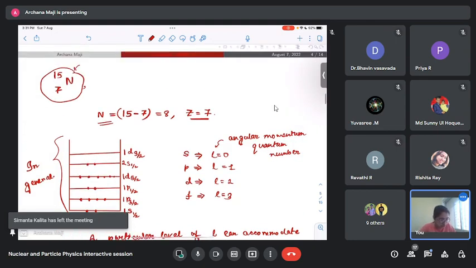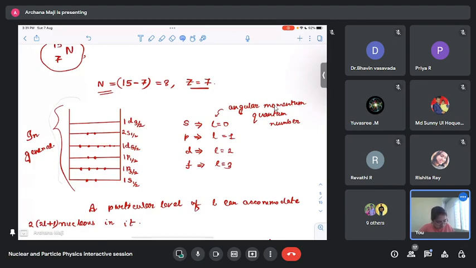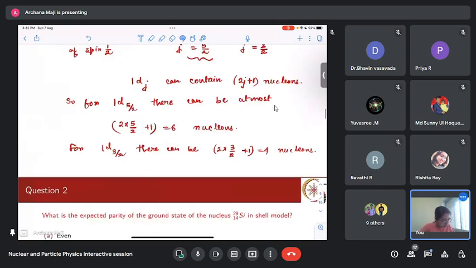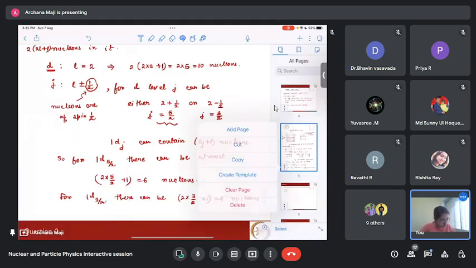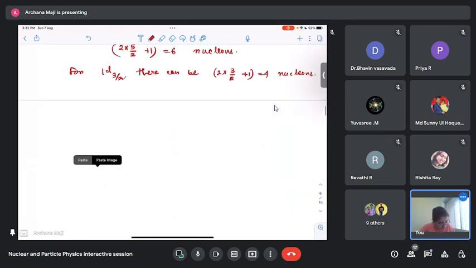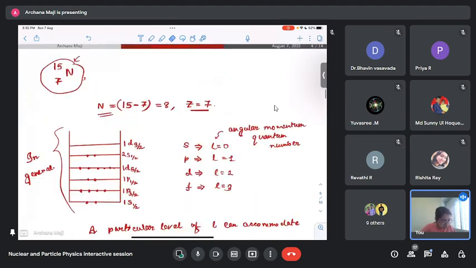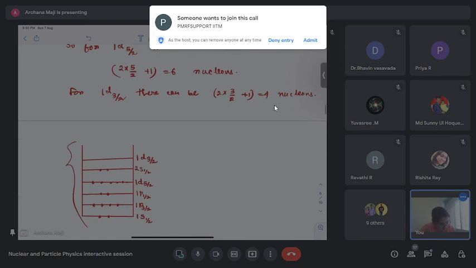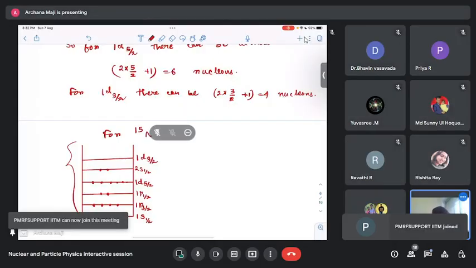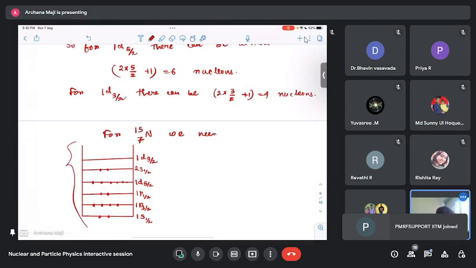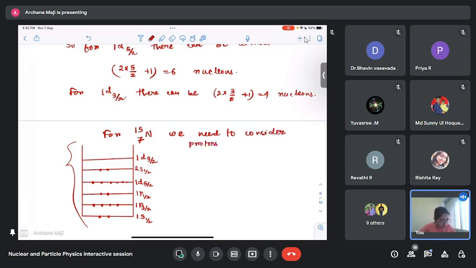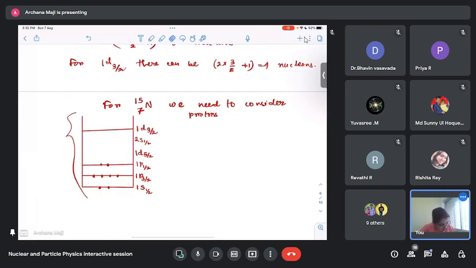So when we are considering this nucleus, the diagram will be, we are having Z equal to 7, so we are now considering protons, since proton number is odd here, and in the 1p half level there will be one unpaired electron, proton I mean, yeah.